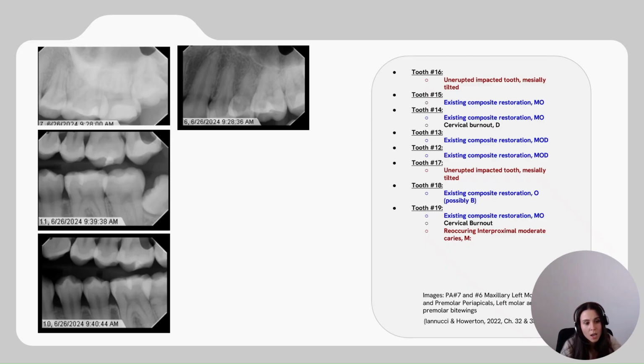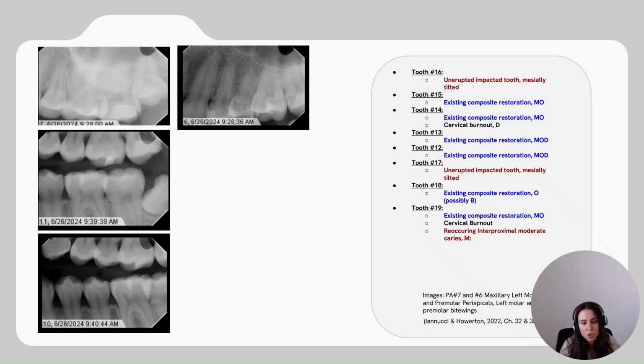For tooth number 12, there is also existing composite restoration on those same surfaces, the mesial, occlusal, and distal. Going down to the third molar of the mandibular arch, tooth number 17 is an unerupted impacted tooth, which is mesially tilted. For tooth number 18, there's existing composite restoration on the occlusal and possibly on the buccal as well, so that will want to be clinically checked for the buccal surface.